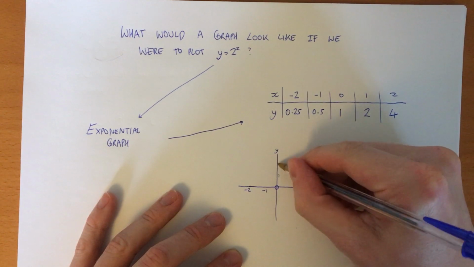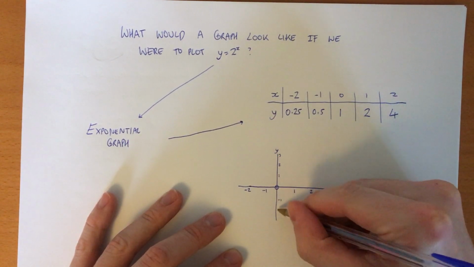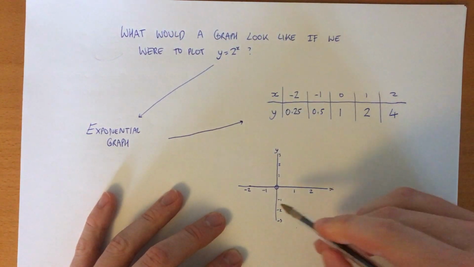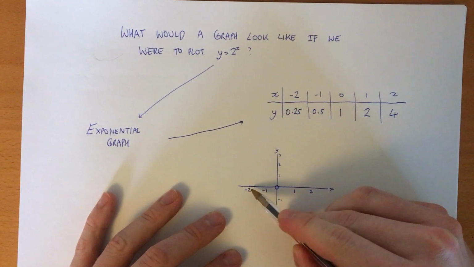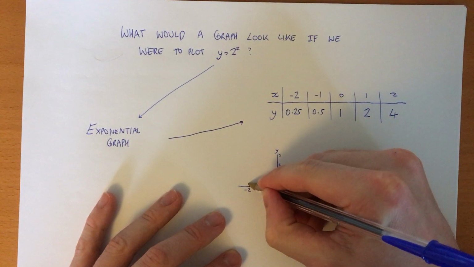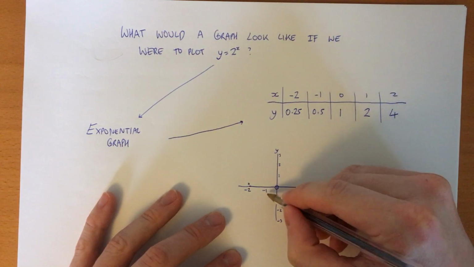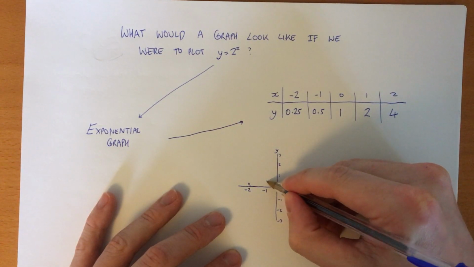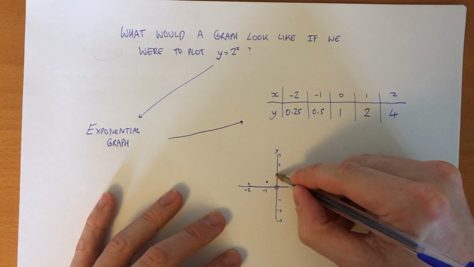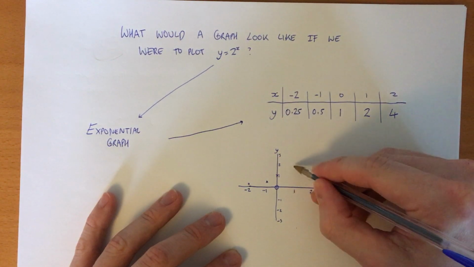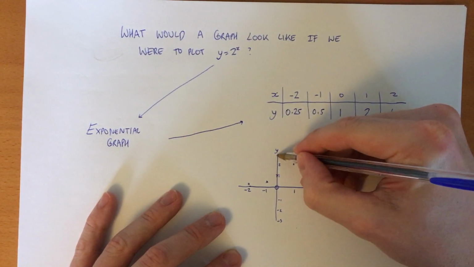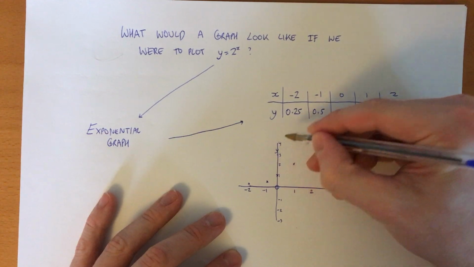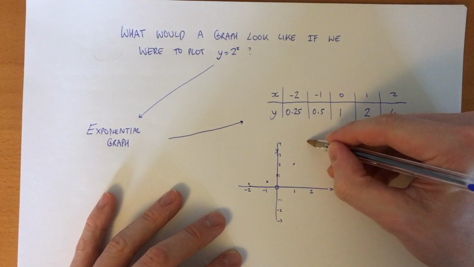Let's label this as 1, 2, 3, just so we've got some context over the size of the graph. So negative 2, 0.25, so it's going to be around here. Negative 1, 0.5, it's going to be around here. 0, 1 is here. 1, 2 is here. And actually, maybe I should just go up a tiny bit more because 2, 4 is there.